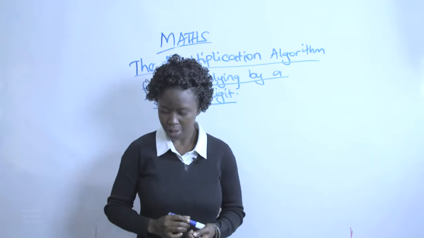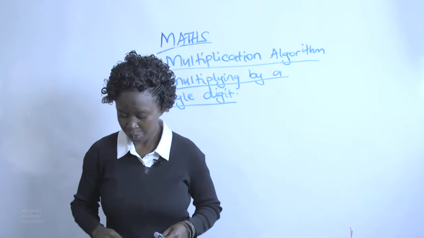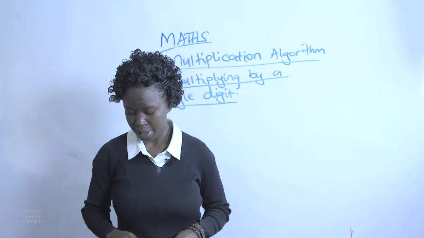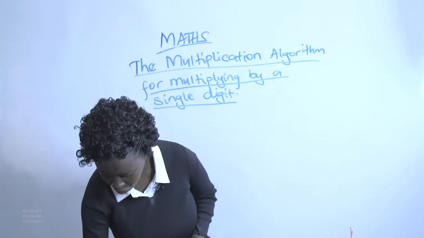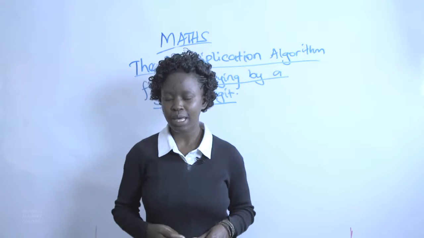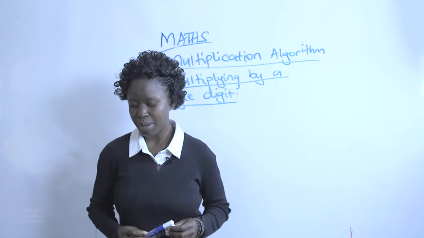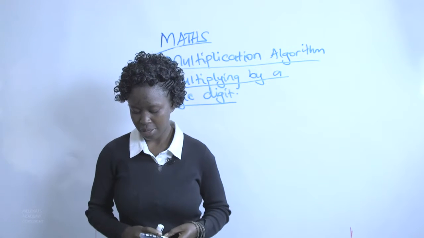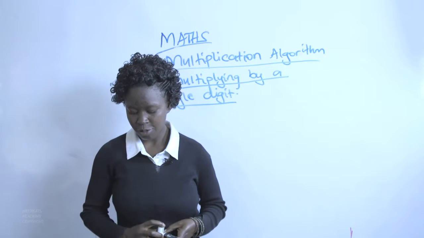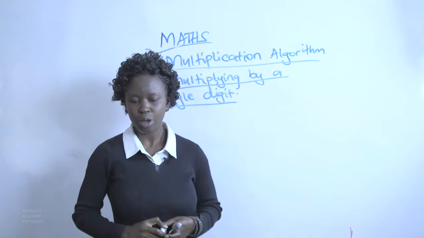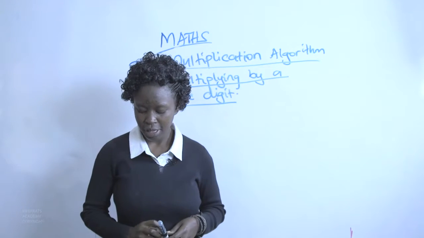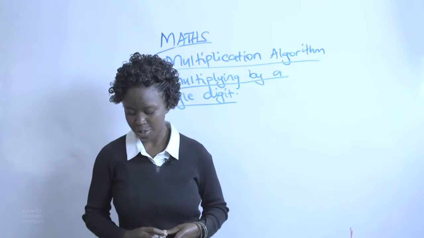So we are having the multiplication algorithm for multiplying by a single number. So the procedure is as follows. You first multiply the single number by each digit in the other number, starting from the right.